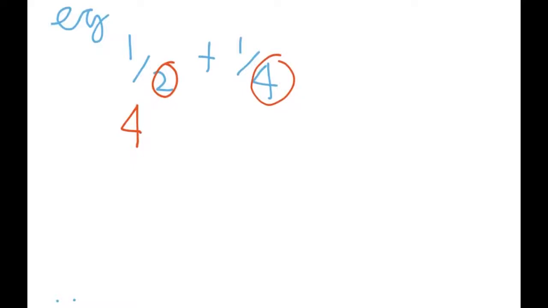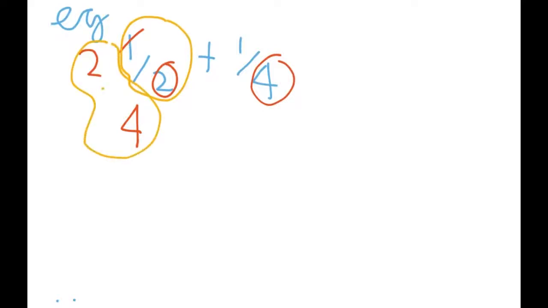If I do that to the bottom, I've got to do it to the top. So the 1 will become a 2. So we've got 2 over 4 now, plus 1 over 4. So this 1 over 2 here and the 2 over 4 are equivalent fractions. Just like we looked at earlier, these are what we would call equivalent fractions.